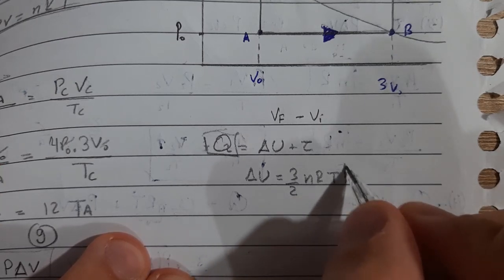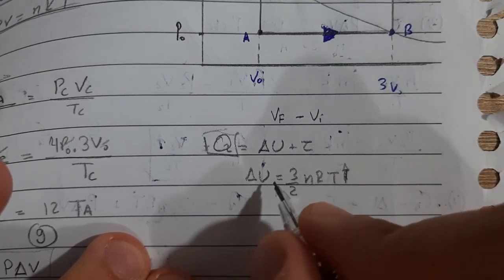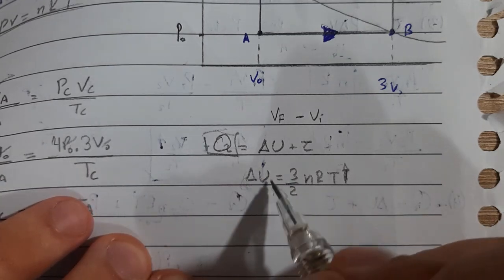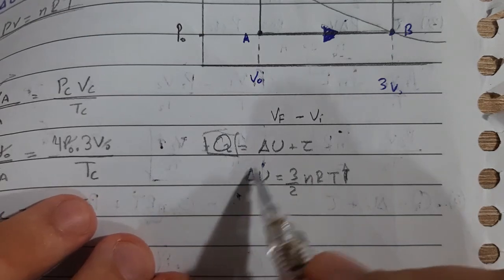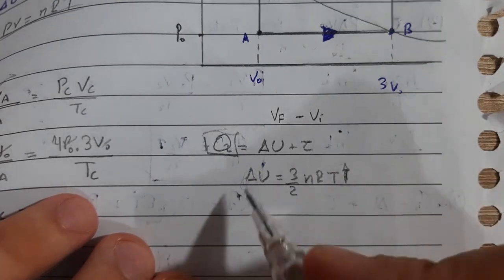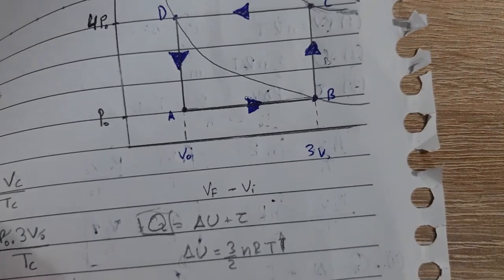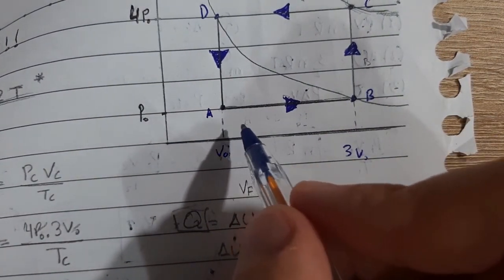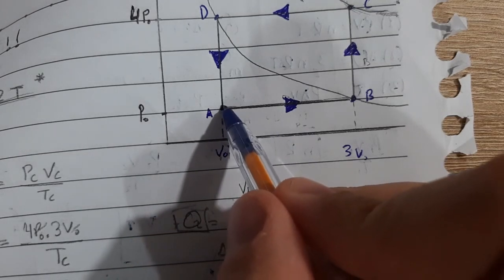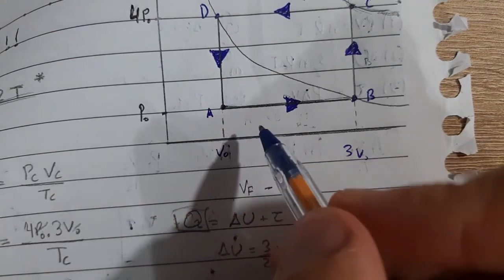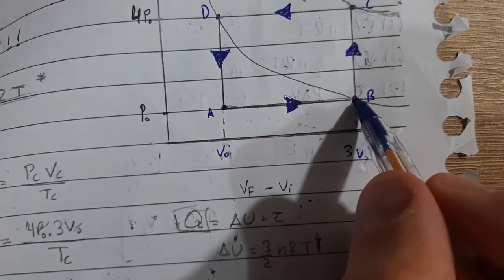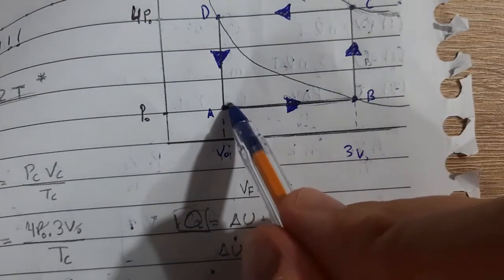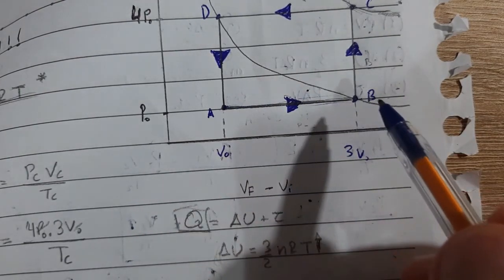The more the temperature grows, the more you are receiving heat, because the more you are growing your internal energy, I guess you could say. So look, in this process A to B, you are gaining work and internal energy because the temperature is growing.